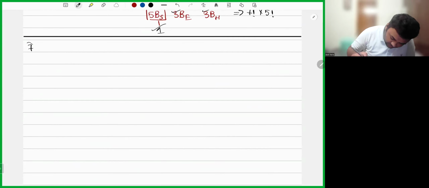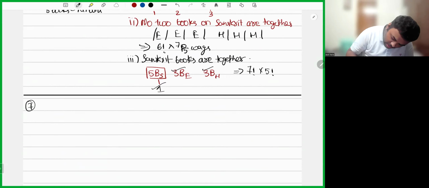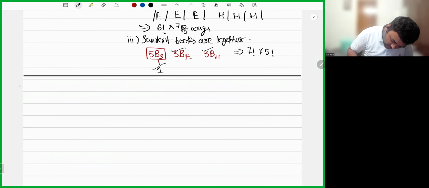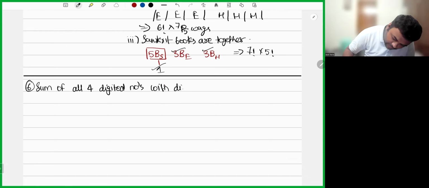Example number 6. Now, I'm asking sum of all 4-digit numbers with digits 2, 4, 6, 8.